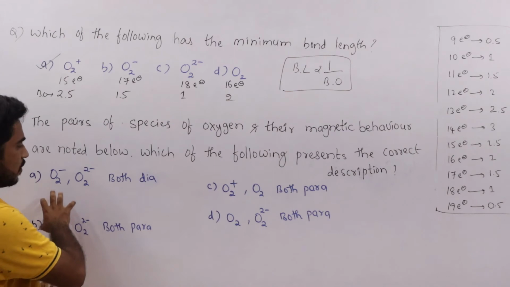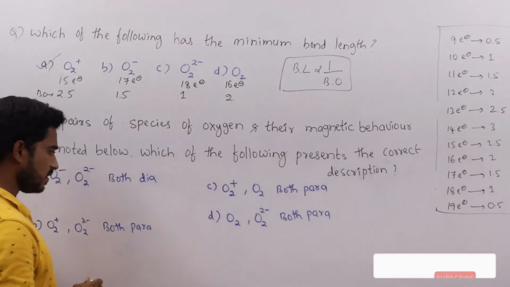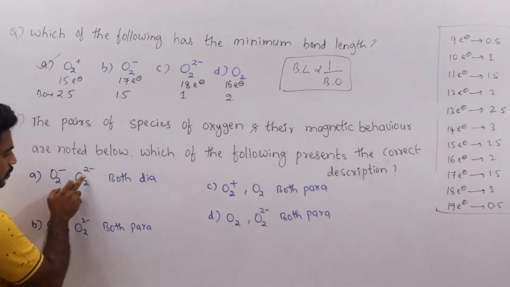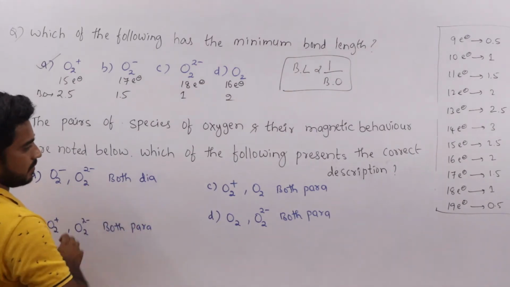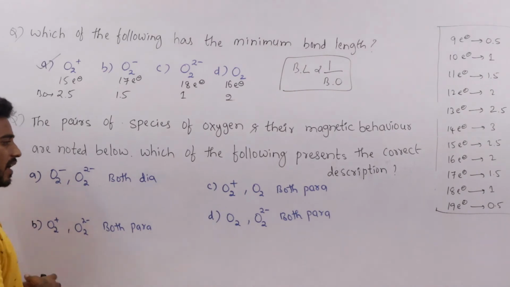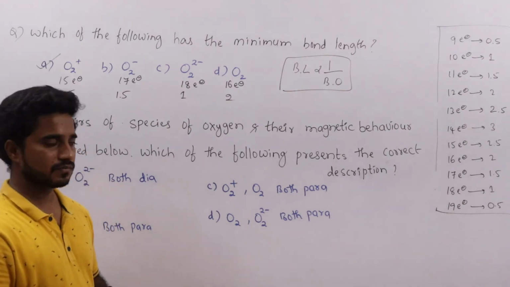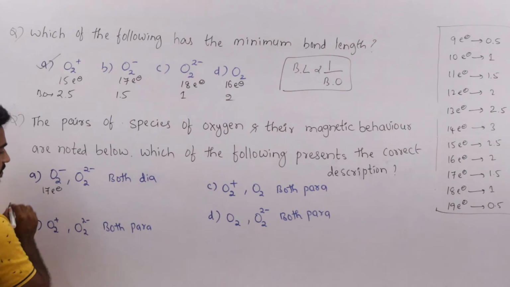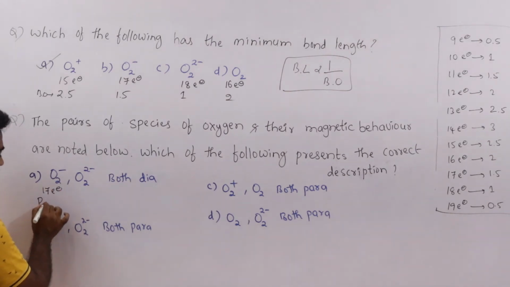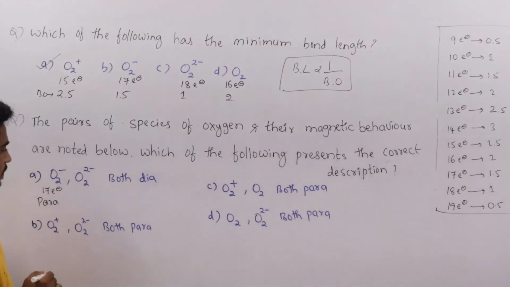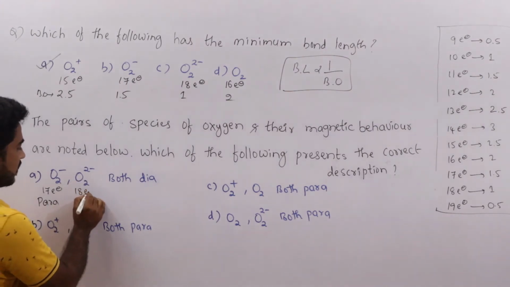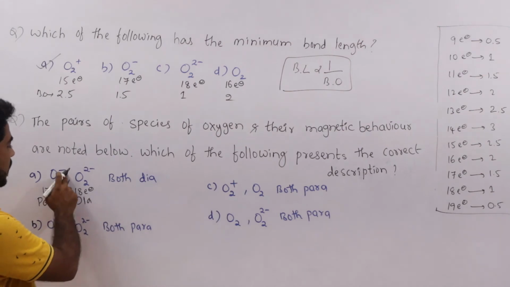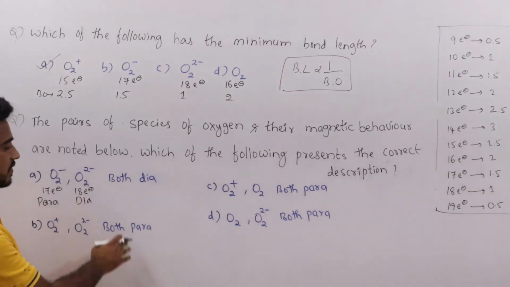Different O2 species are given, and we have to find which option is correct. O2 minus and O2 2 minus both diamagnetic, is it correct or not? We already discussed how to find paramagnetic and diamagnetic nature. O2 minus has 17 electrons, an odd number of electrons, so it is paramagnetic. O2 2 minus has 18 electrons, an even number, so it is diamagnetic. But the option says both are diamagnetic, so this option is wrong.